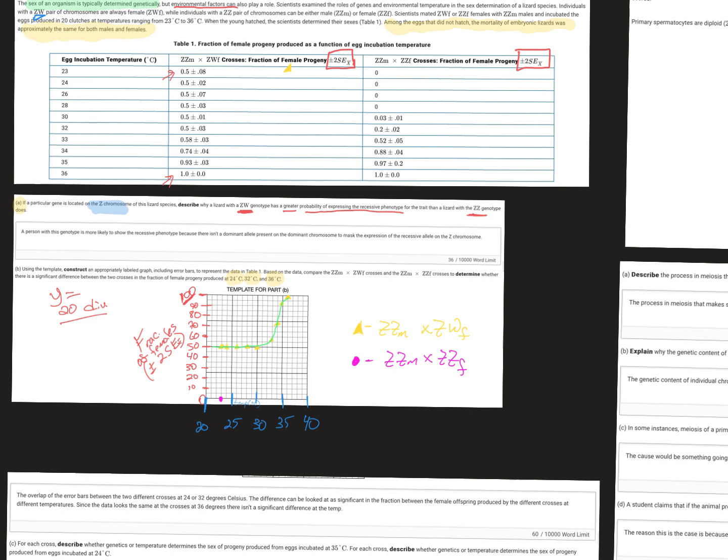And next is 24, and still 0. And 26 is still 0. And 28 still 0. And 30 is 0.03.